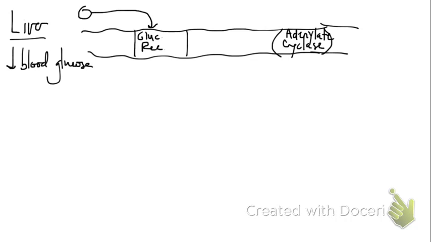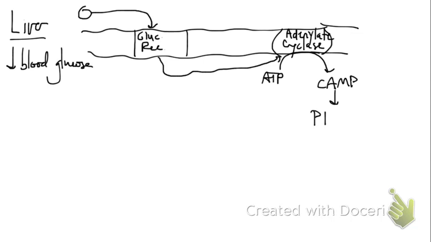We want glycogen metabolism. We want to break down that glycogen, but we don't really want it to go into glycolysis. So when glucagon binds, it sends a signal over to adenylate cyclase. Adenylate cyclase then takes ATP and makes it into cyclic AMP. And as we've learned before, cyclic AMP then activates protein kinase A.